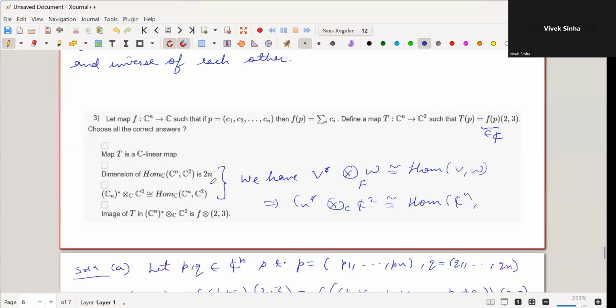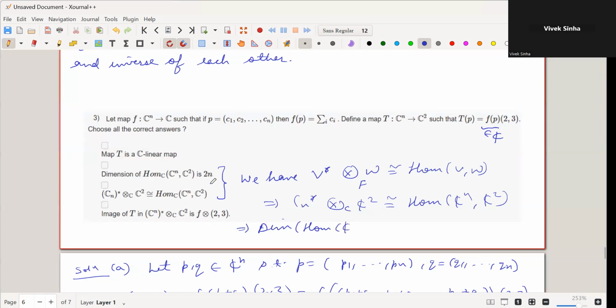Right, and thus its dimension is, which implies, the dimension of Hom(C^n, C^2) is equal to the dimension of, so if they are isomorphic, their dimension is also the same, right?